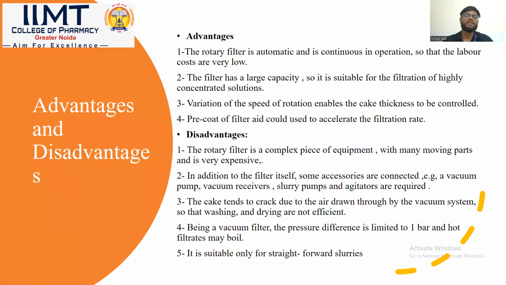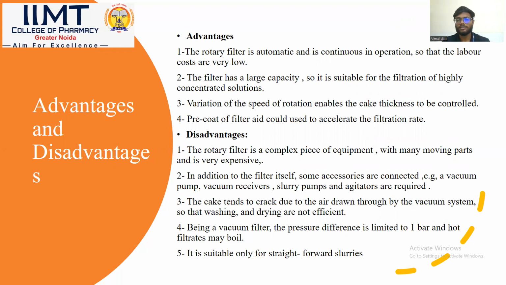So here are the advantages. The rotary filter is automatic and is continuous in operation so that the labor costs are low. The filter has a large capacity, so it is suitable for the filtration of highly concentrated solution. Third one is variation of the speed of rotation enables the cake thickness to be controlled.